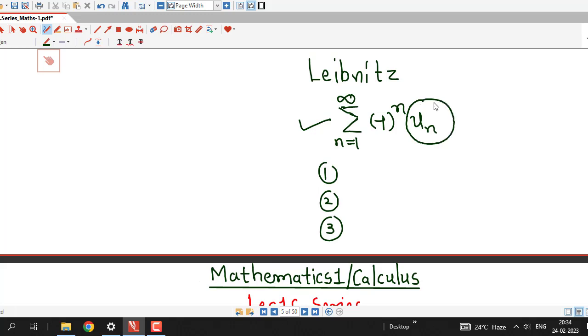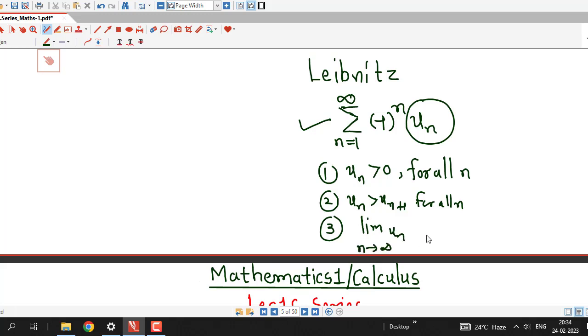First condition is all these terms un are positive for all values of n, and this sequence un is decreasing, that is un is greater than un plus 1 for all n, and third condition is limit of un as n tending to infinity is 0. If these three conditions are satisfied, then we can say that the given alternating series is convergent.